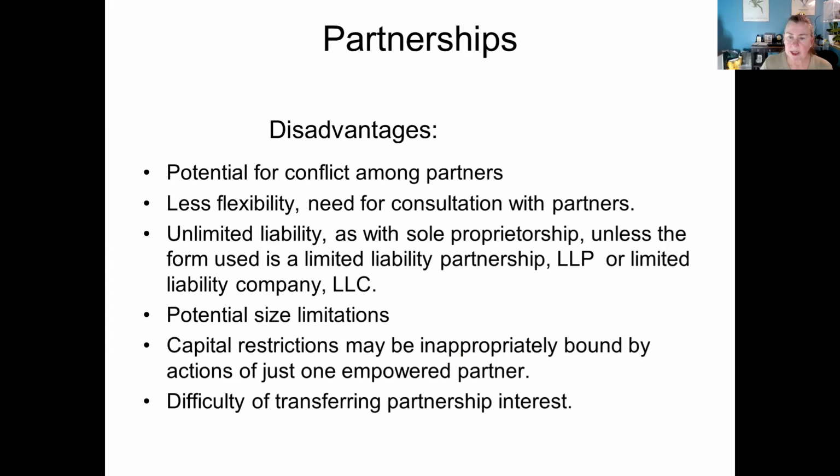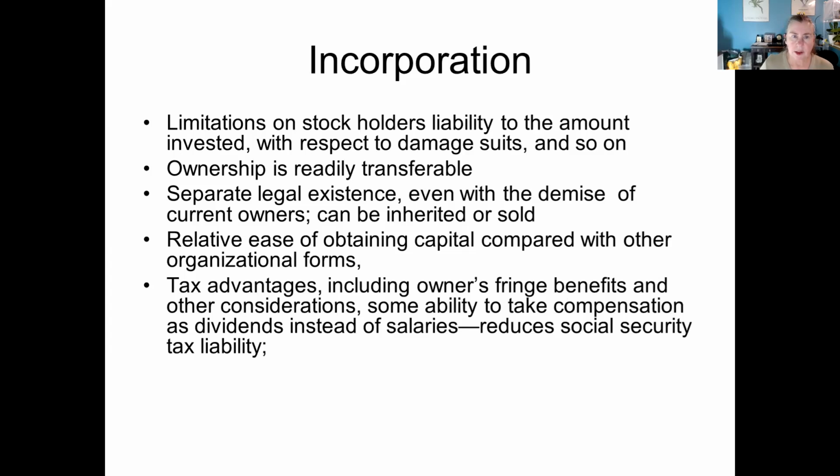Capital restrictions may be inappropriately bound by the actions of just one empowered partner. So for example, if one partner gets into financial difficulty, that is going to impact the ability of the entire business to be able to get resources, and difficulty of transferring partnership interest if that has not been completely resolved in the start. And the third primary type is incorporation.